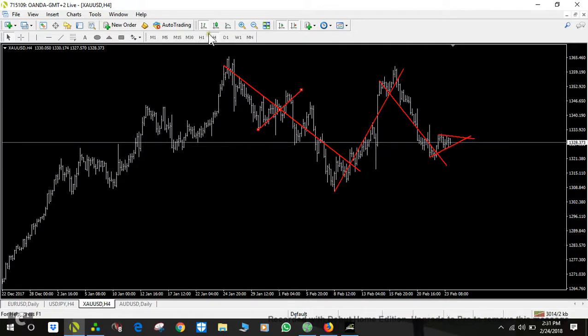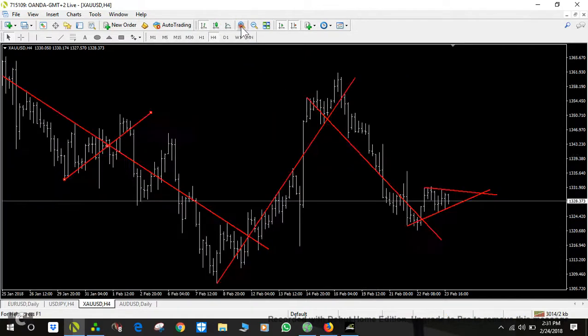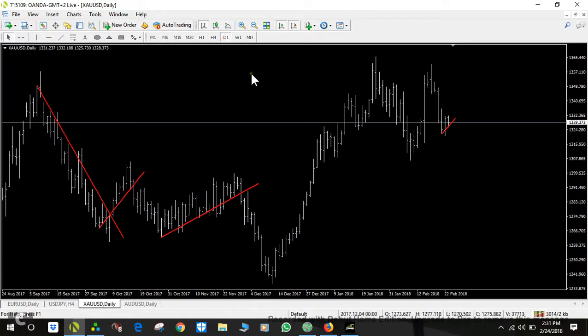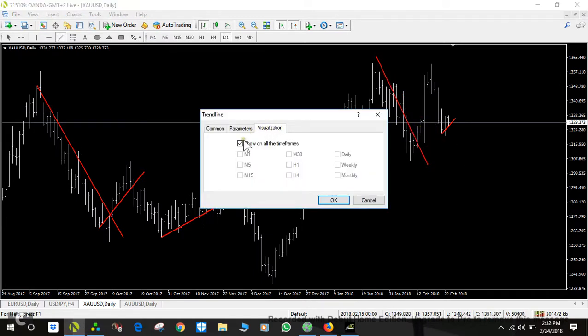But once again, you've got to let the lines do the trick. If the lines do the talking for you, on the daily here, daily came through. Once again, we had these congestion here, so we could have brought it from there to there and got in on that candle there.